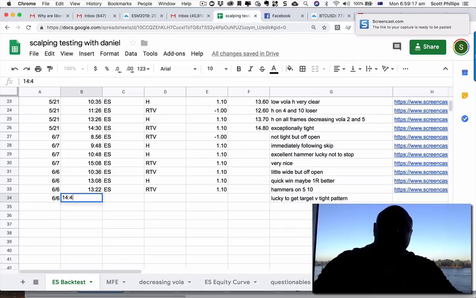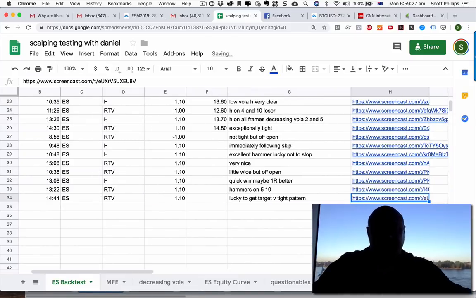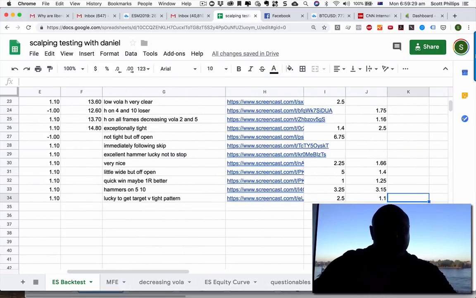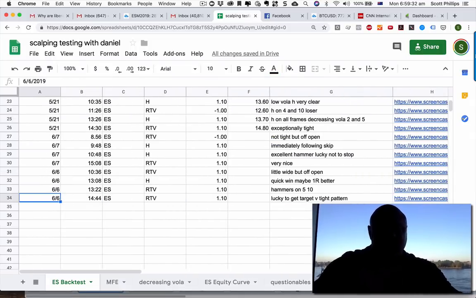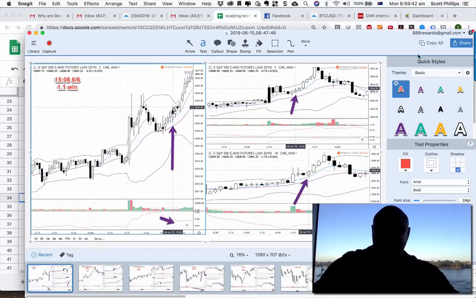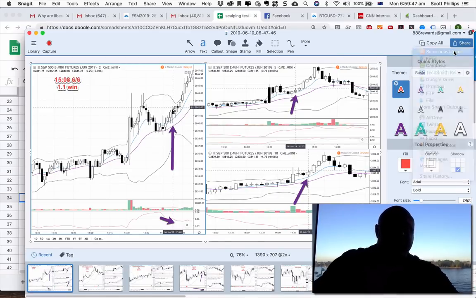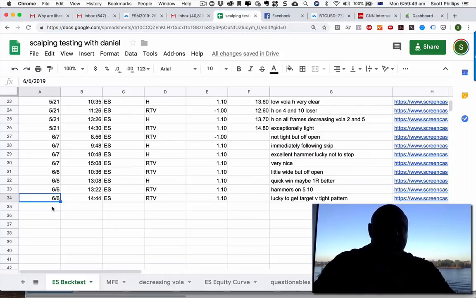And then I go to my screen capture software, and I go screencast. I click on that, that's going to share, and then 1444.66. .5 and 1.1, and then I just keep on moving through the day.